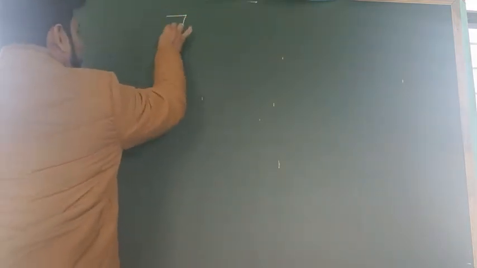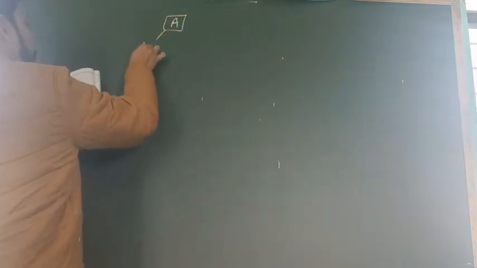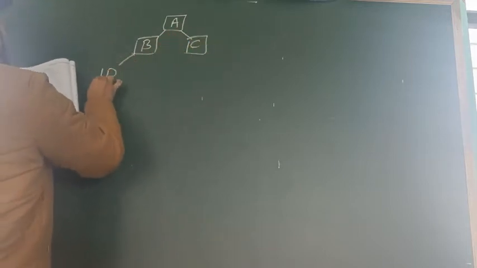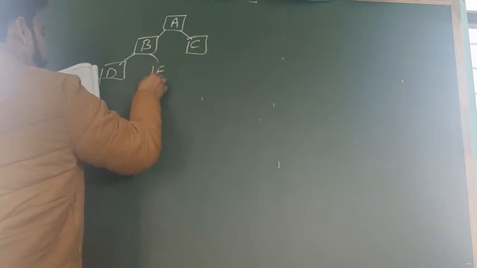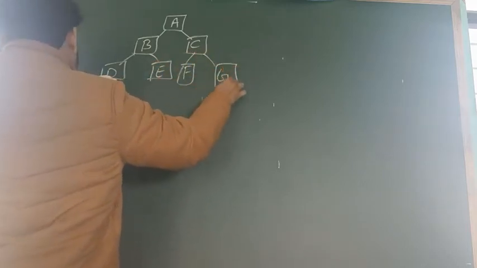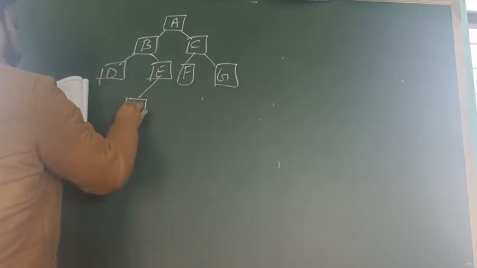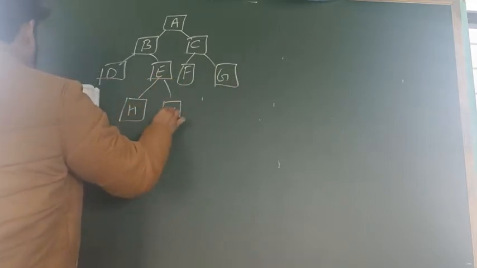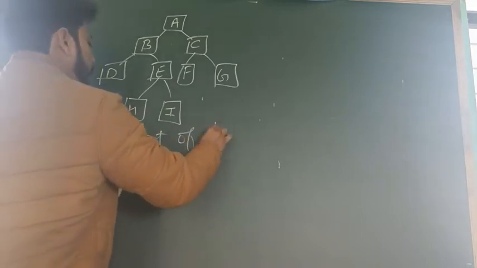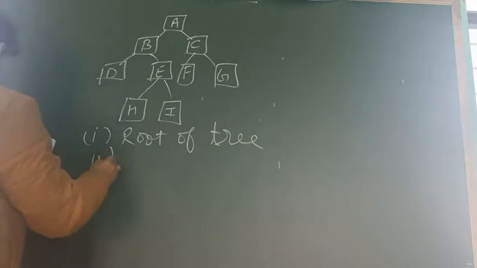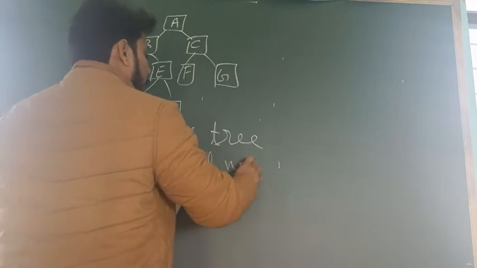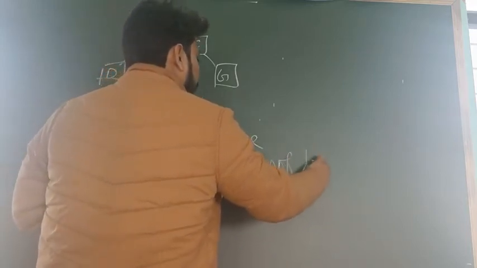Take A, B, C, D, E, F, G, H and I. The first question is, what is the root of the tree? Second, external nodes of the tree.